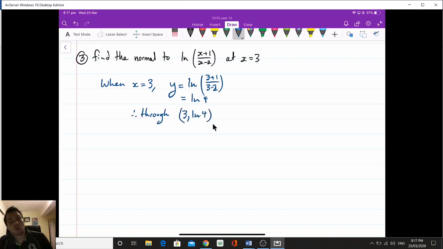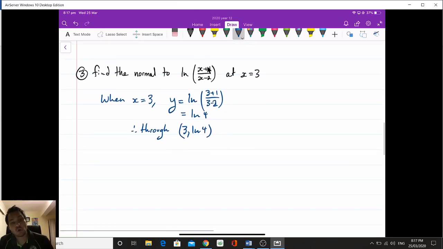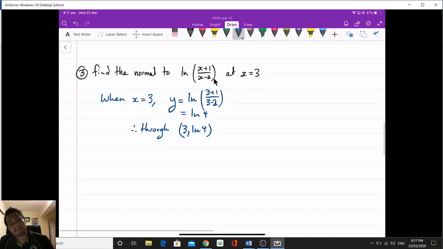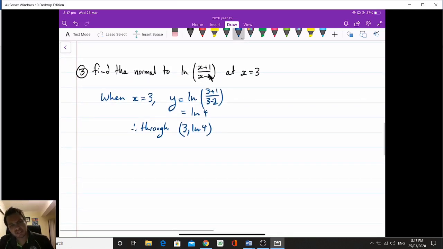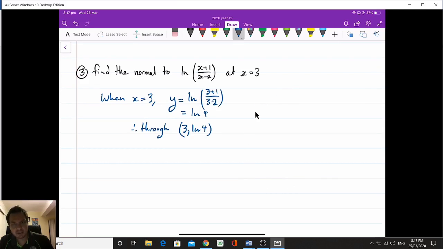Wherever this graph goes, it is not going to look like our basic logarithmic function.